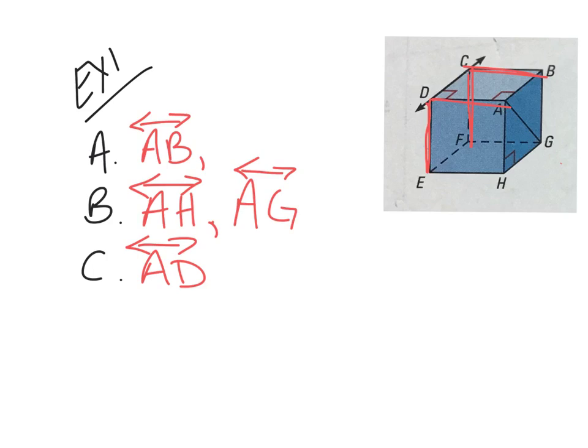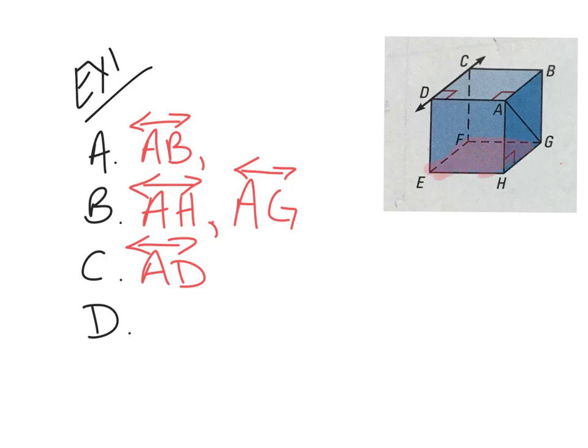All right, one more. Let's look at D. Planes that are parallel to plane EFG containing point A. Okay, so let's first find plane EFG. That would be this bottom plane, right?